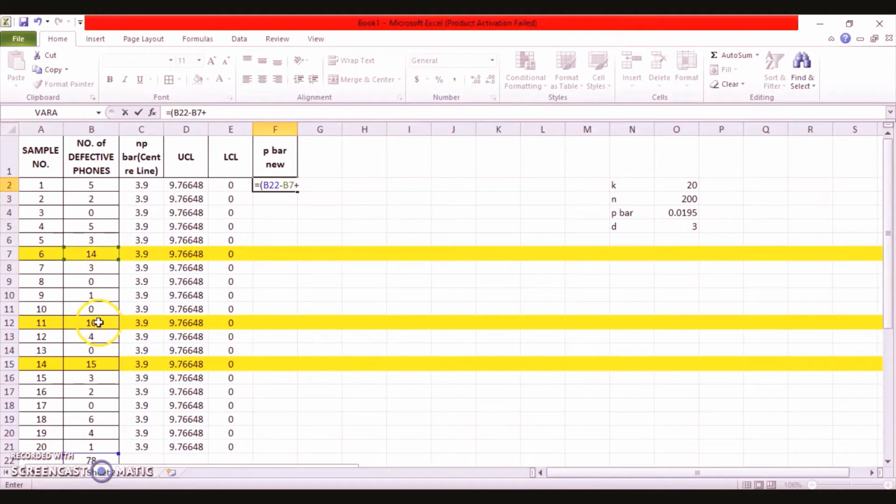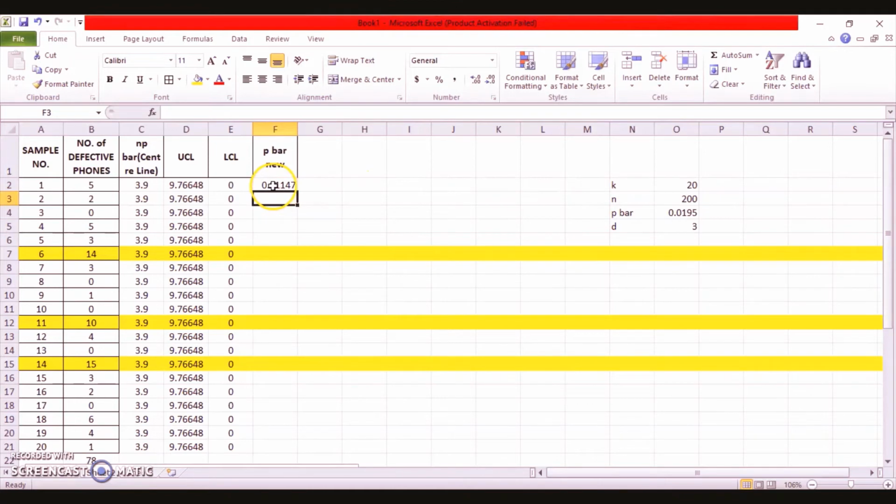If there had been one value, we would have straight away subtracted, but we have 3 values, so we first add these 3 values, and after that divide by the total sample. The total sample here is n, that is 200 into k, which is 20, minus the number of discarded sample values. This way we'll find the value of p bar new.